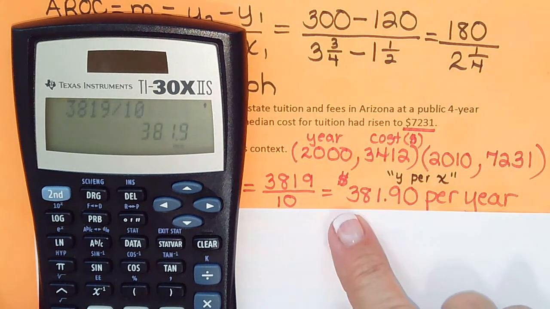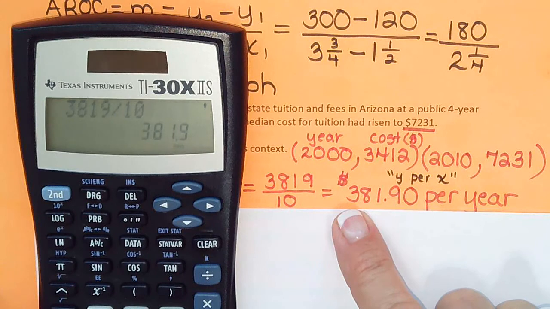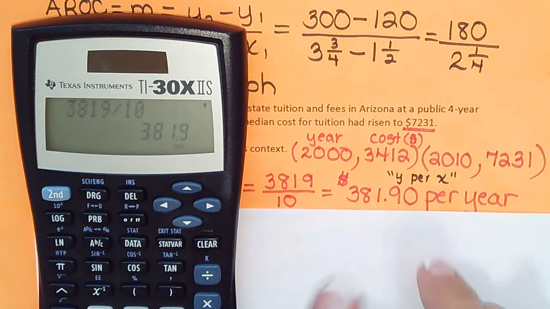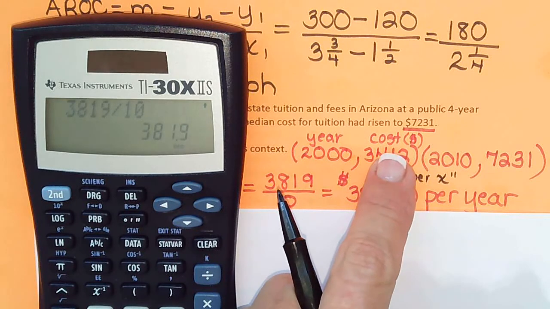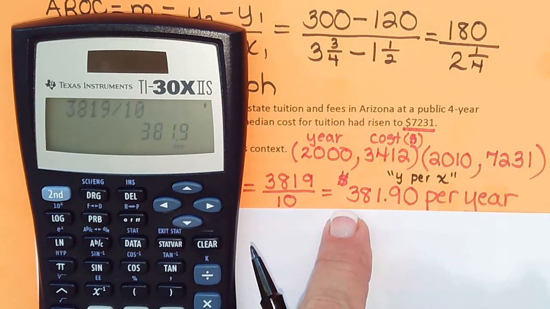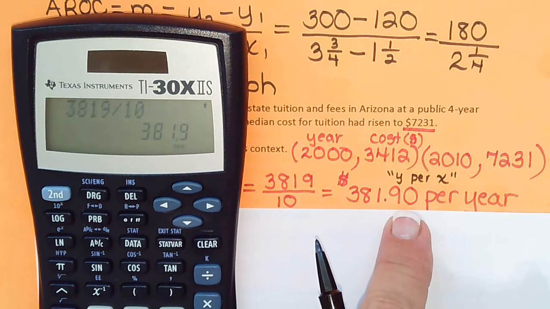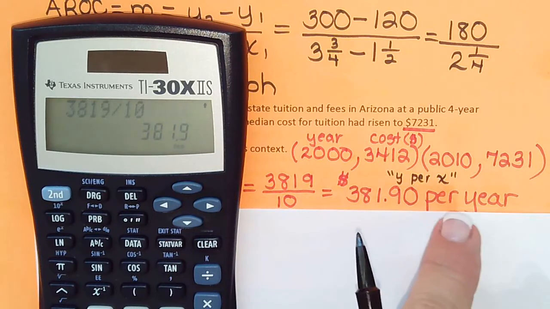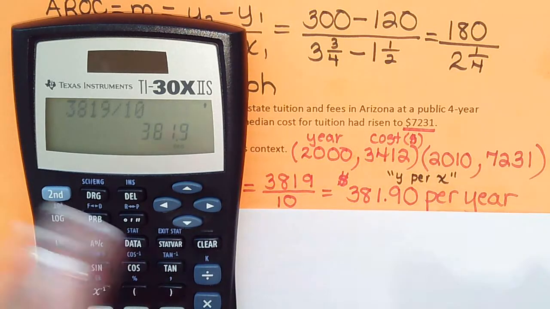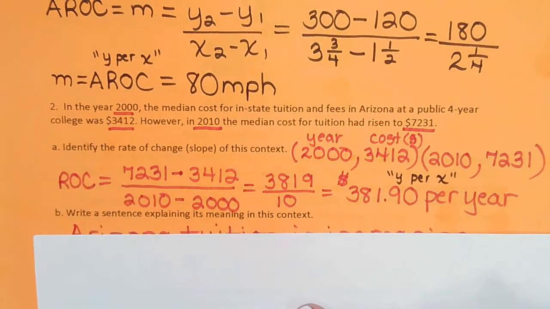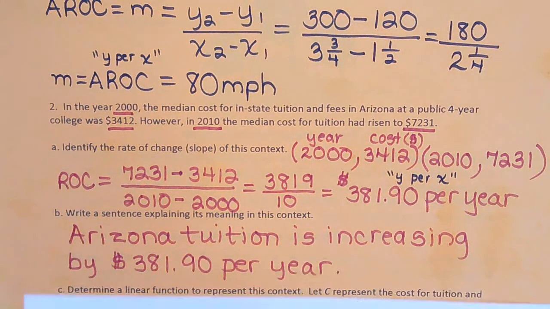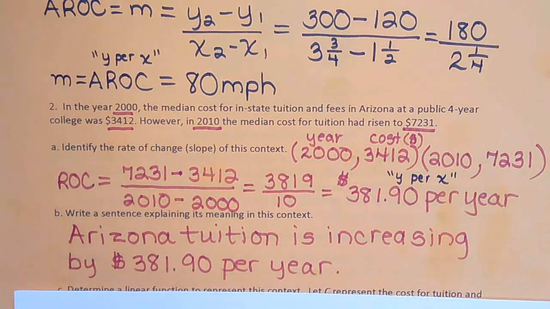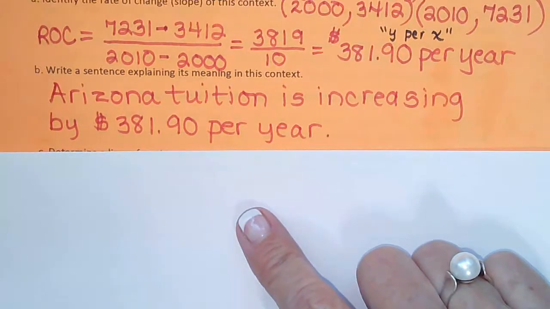So since it's rate of change, and this is positive, that means something's increasing. So the cost of tuition is increasing by $381.90 per year. And that's what they ask us to do next, is write a sentence for what happened or for what the slope means.